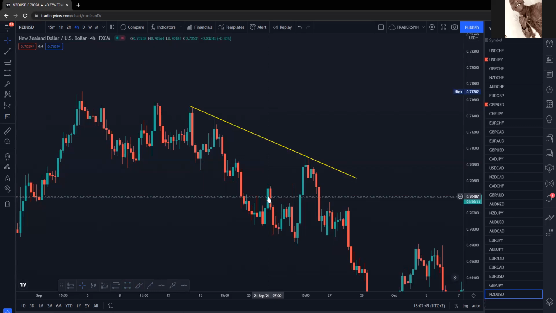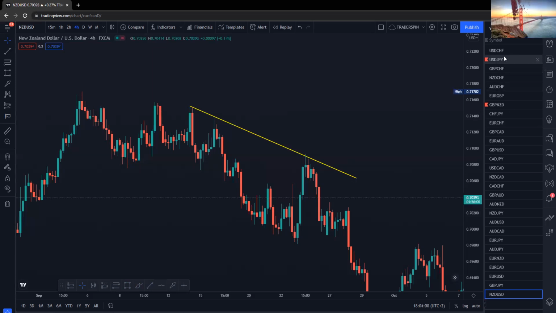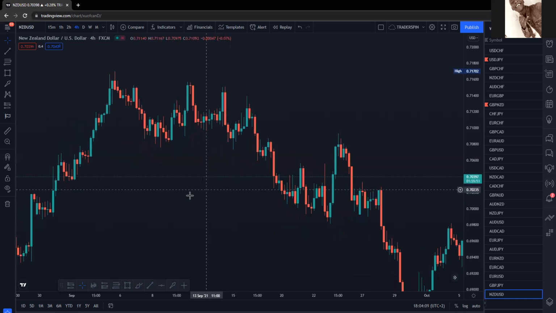Then it makes a lower low, then makes a new lower high where you want to look for your candlestick pattern. I've seen that on GU, drawing trend lines with that kind of market condition.